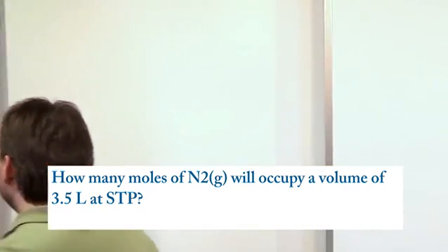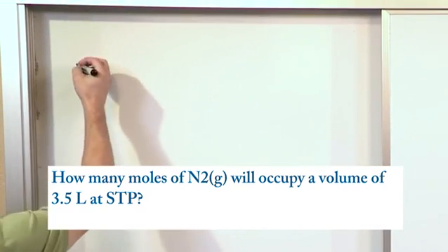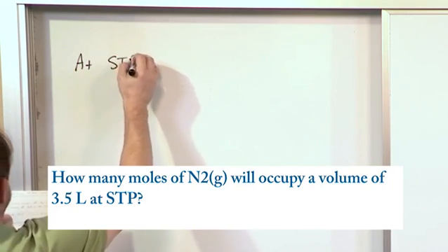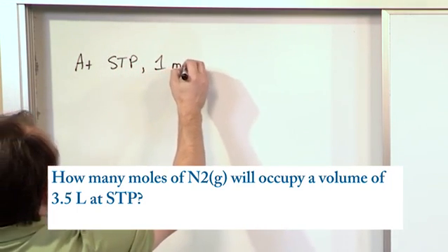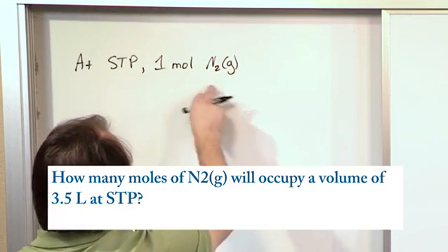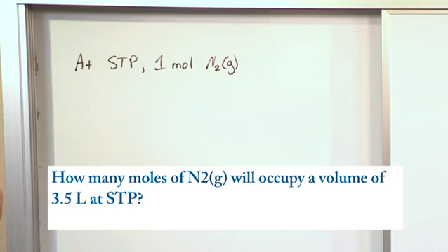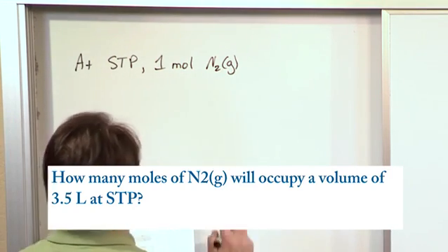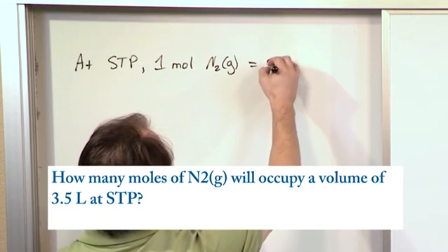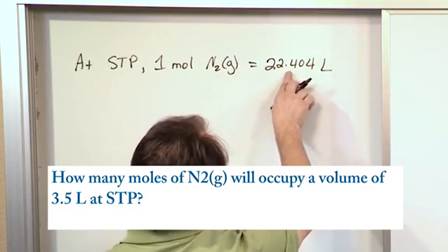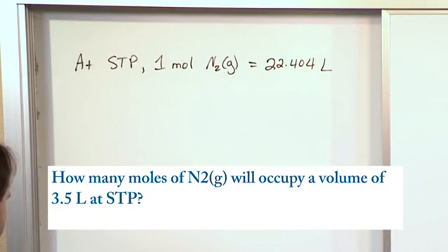You can use that in your calculations because at STP, 1 mole of this gas, N2, which we're assuming for the sake of argument is an ideal gas. Of course, no gas is perfectly ideal, but it's close enough for our calculations. 1 mole of this has a volume of 22.404 liters, and most of the time you can just round that to 22.4 liters.